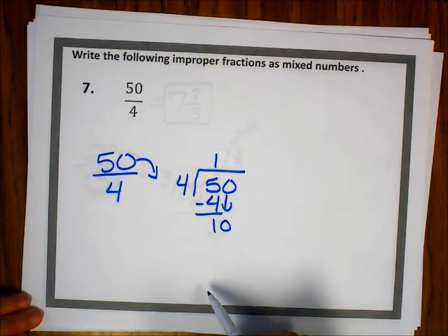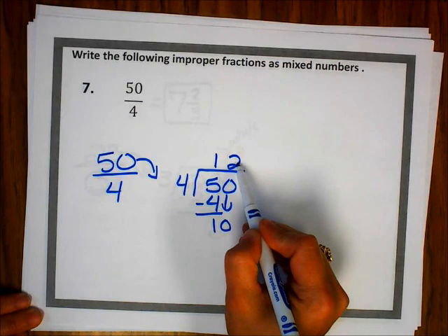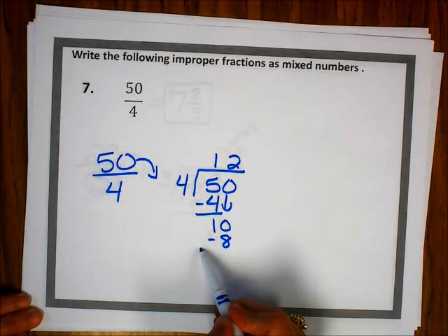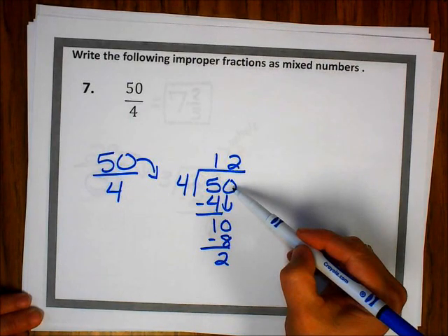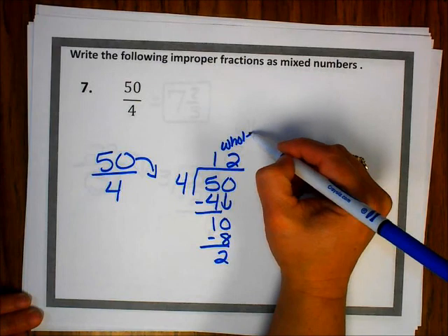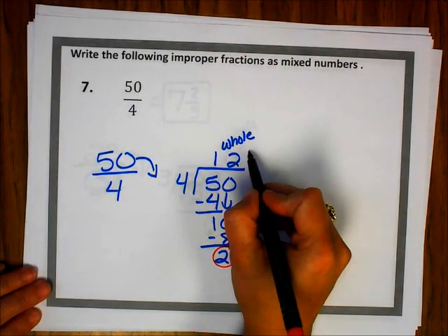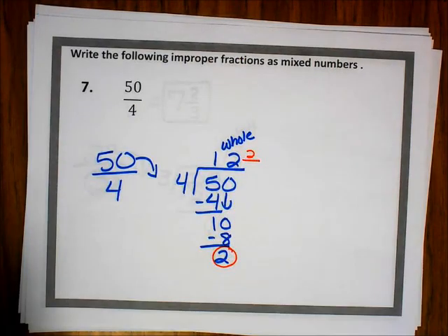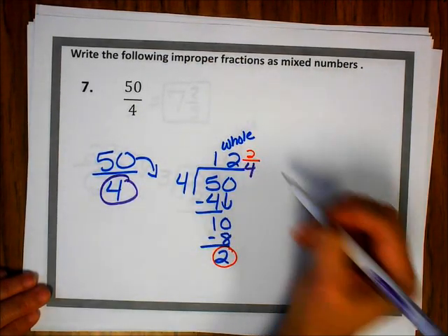Bring down the 0. 4 divides into 10 2 times. 2 times 4 is 8, with 2 left over. Remember that 4 divides into 50 12 whole times, so 12 is my whole number. My remainder becomes my numerator, and my denominator stays the same.